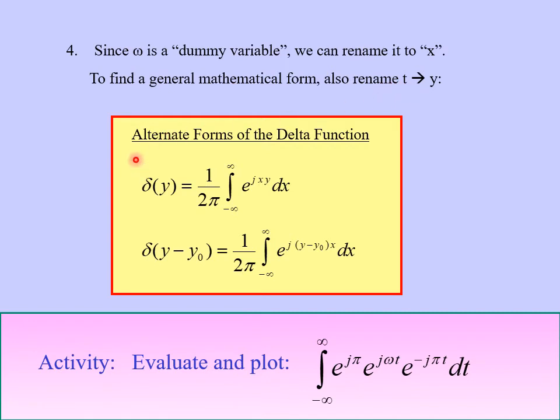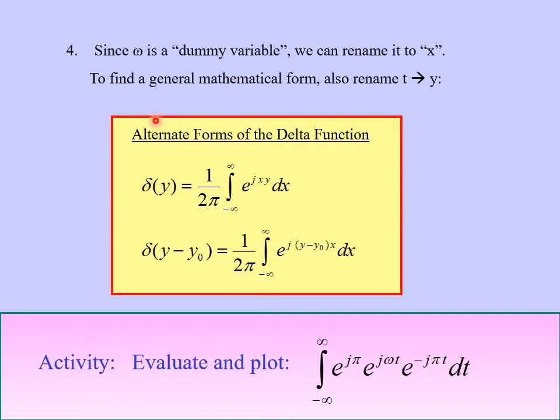This is a general mathematical form of a delta function. A delta function in terms of y, whatever variable y, can be written as 1 over 2 pi times the integral over all x of e to the j x y. Now these x's and y's can be any variable we want. They can be time, they can be x, they can be y, they can be omega. All we have to do is substitute, we're just basically renaming variables.